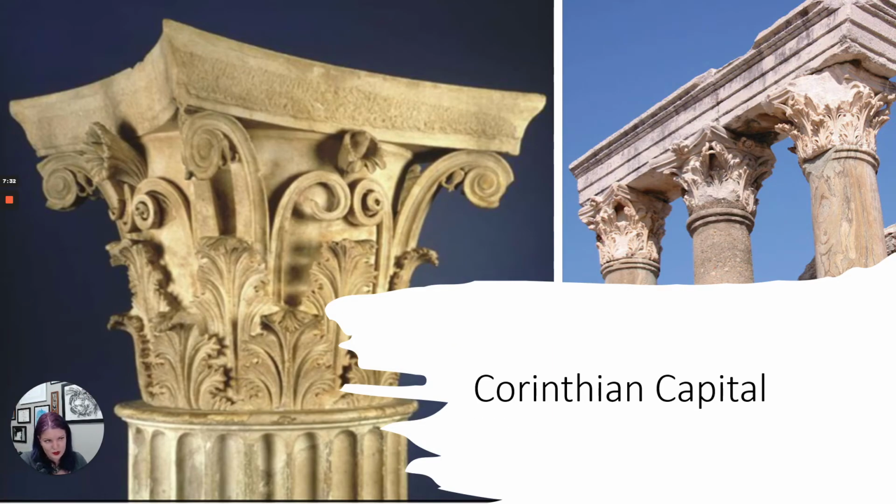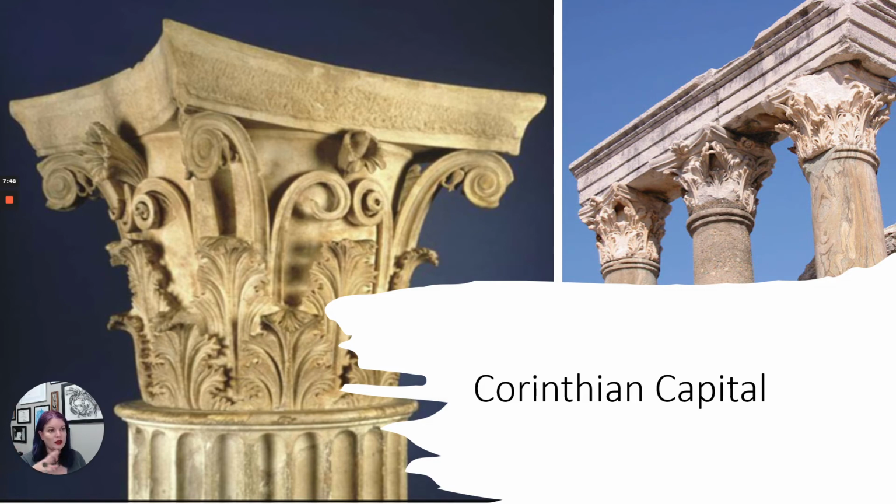Another thing that happens around this time period, right before we get into the Hellenistic period, is a new order in architecture becomes popular. So we have Doric, we have Ionic, we've talked about those quite a lot, going all the way back to the Archaic, and now we have Corinthian.